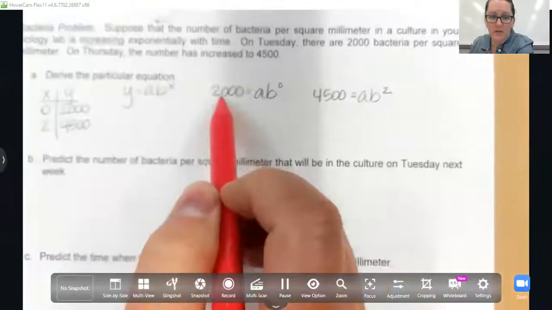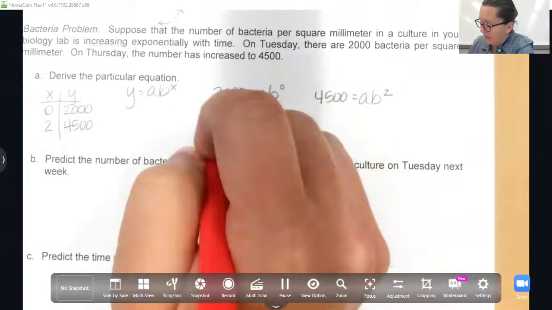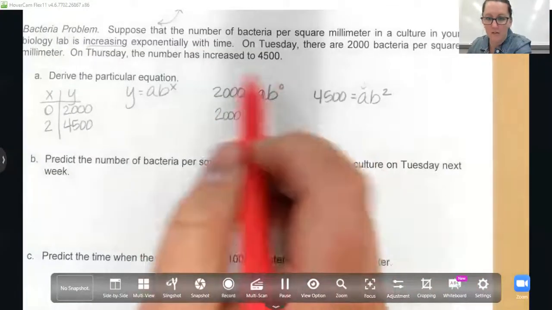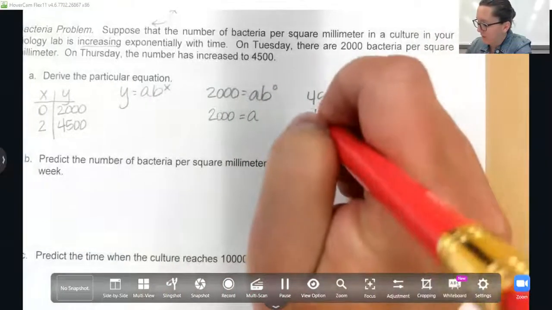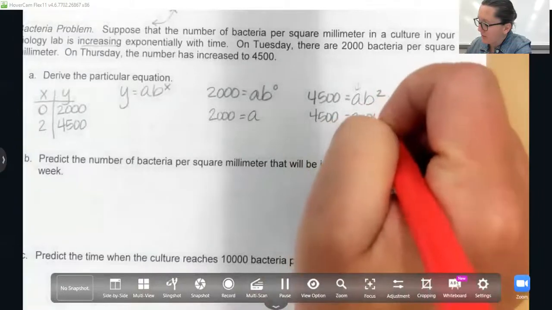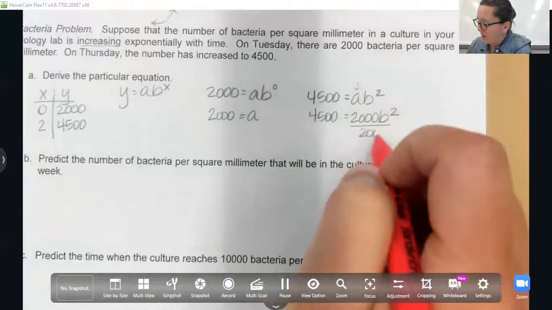I'm going to go back to my first equation. I know b to the 0 is just 1, so a equals 2,000. We already talked about that a is your initial value anyway, so you could probably skip this step altogether if you wanted to. So 4,500 equals 2,000 b squared. Divide by 2,000. We're going to solve for b now.